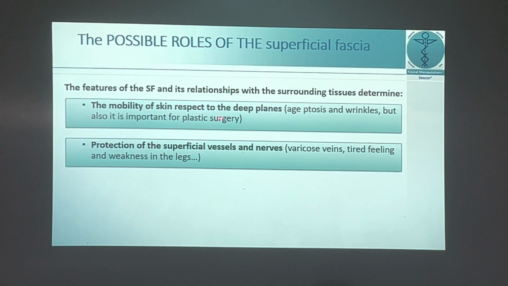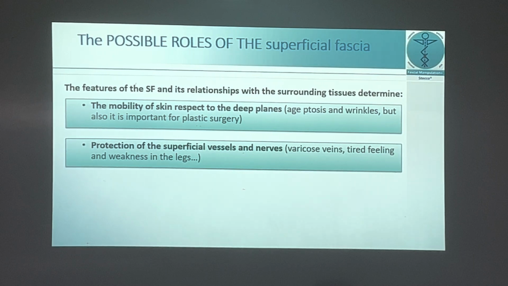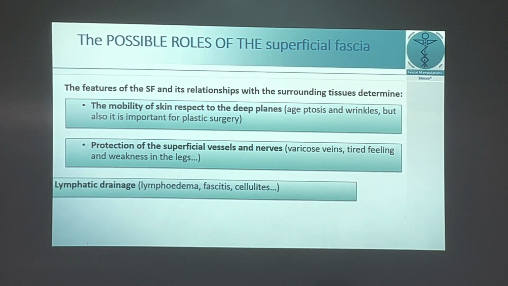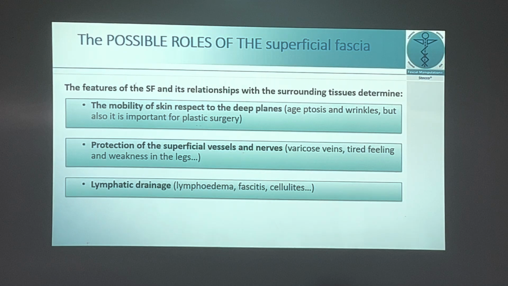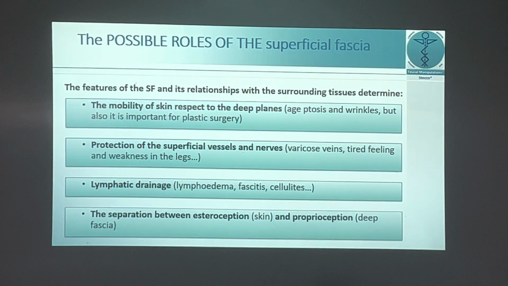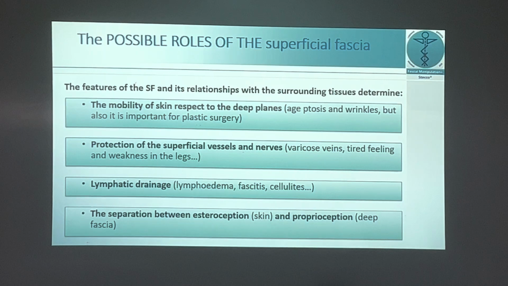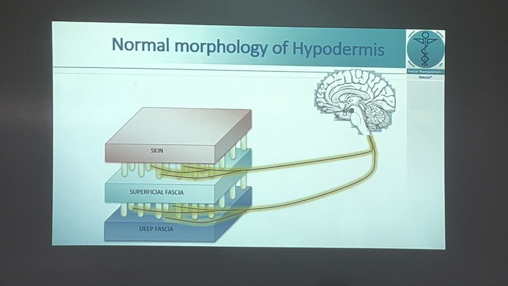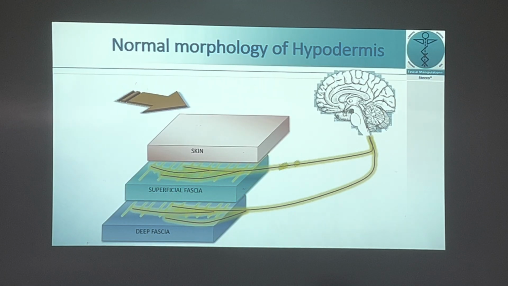Protection of vessels, like varicose vein, tunnel filler, weakness, the superficial fascia is involved. Lymphatic drainage, painful cellulitis will be a key situation to treat. And of course, separation between exteroception and proprioception. So it means that normally if you push, you will activate the receptor right below the skin.